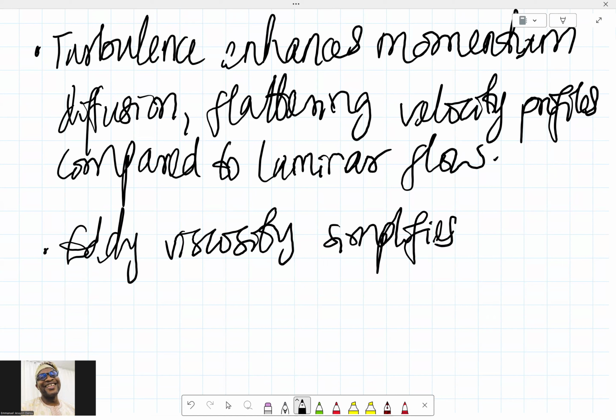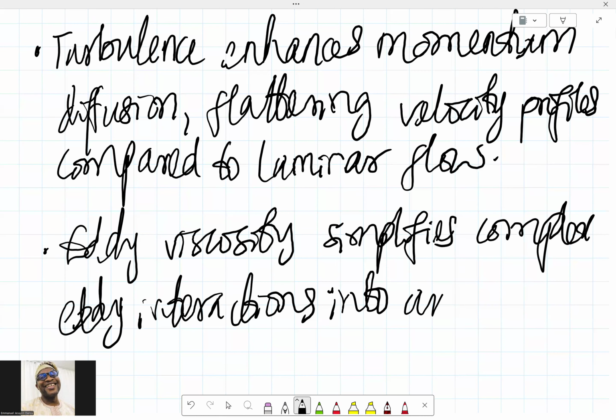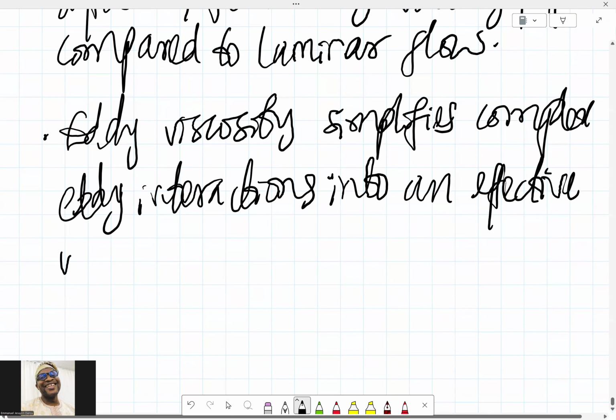So we're told to use eddy viscosity, right? Eddy viscosity simplifies complex eddy interactions into an effective viscosity.